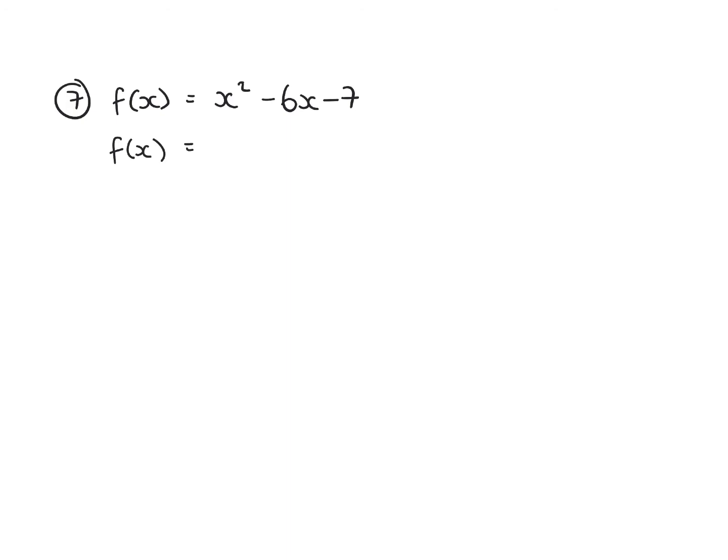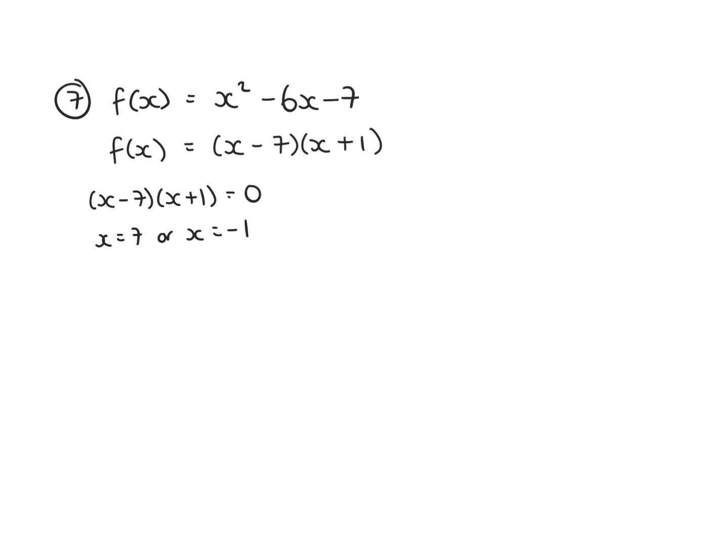Two numbers that multiply to give minus 7 and add to give minus 6 are minus 7 and plus 1. So I know that it crosses the axes when that equals 0. So when y is 0, x must be 7 or x must be minus 1. So my graph is going to cross at 7 and minus 1.